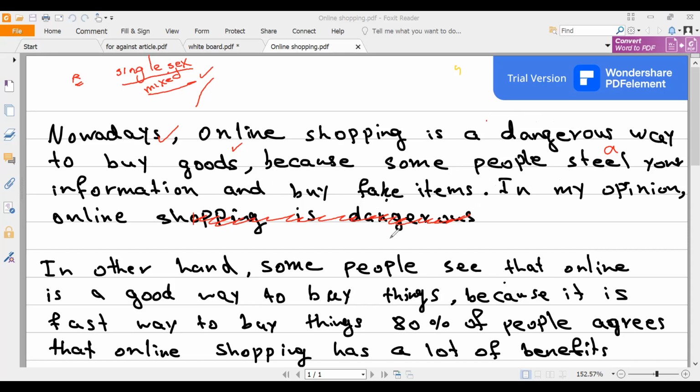Instead of saying online shopping is dangerous, don't repeat, say online shopping should be avoided for various reasons.